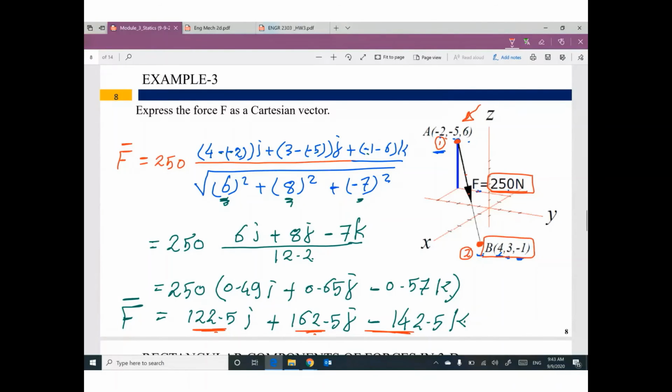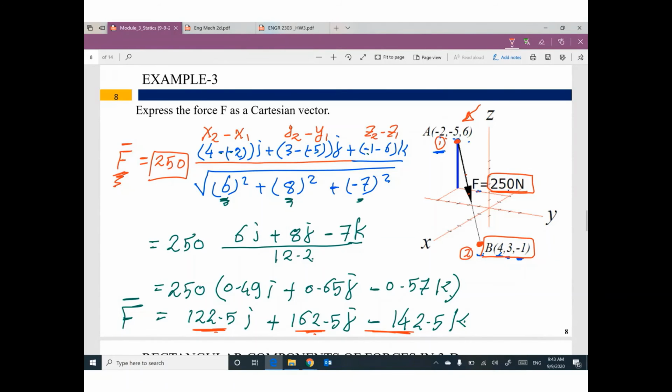Okay, your force as a vector equals this force as a scalar, as a value, times x component of the second point minus x component of the first point, y component of the second point minus y component of the first point, z component of the second point minus z component of the first point.